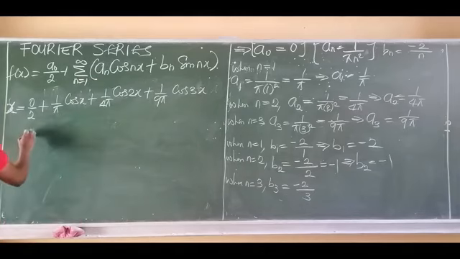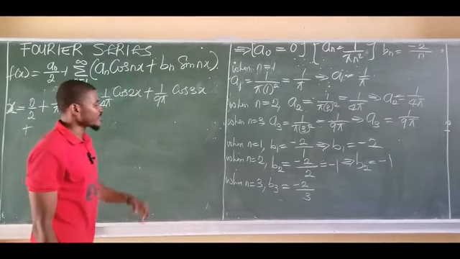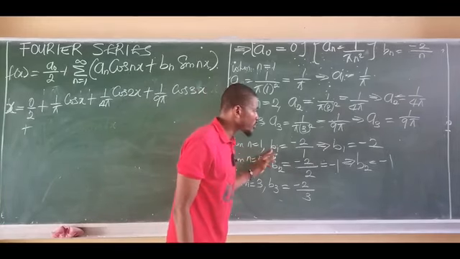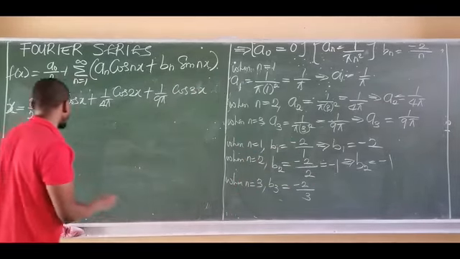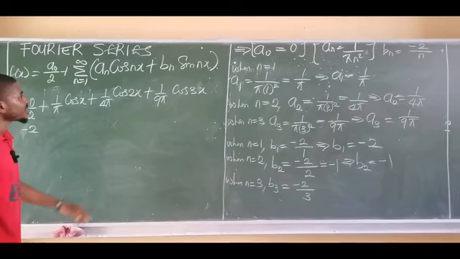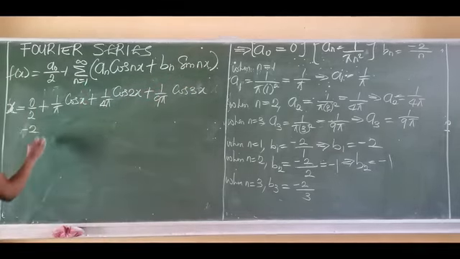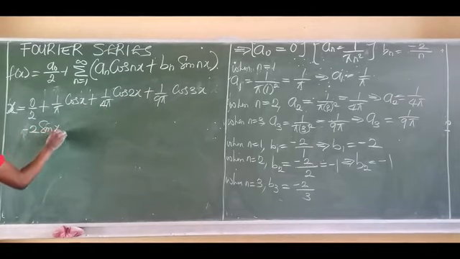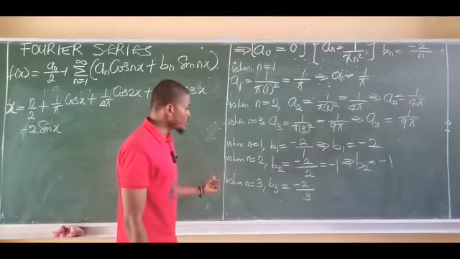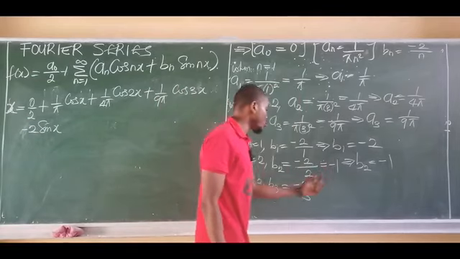plus, the series continues, plus we move over to the sine series, bn sine nx. We started from 1. When n is equal to 1, we had b1 to be equal to minus 2. So this becomes minus 2 sine nx, n is equal to 1, so it becomes sine x, because 1 times x remains x. We move to when n is 2, we obtain b2 to be equal to minus 1.